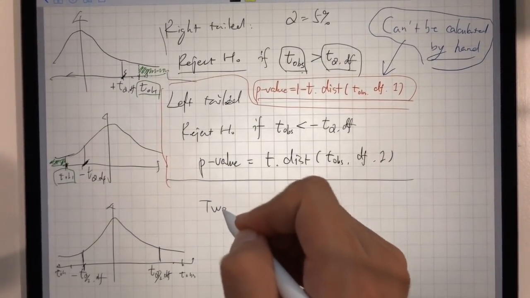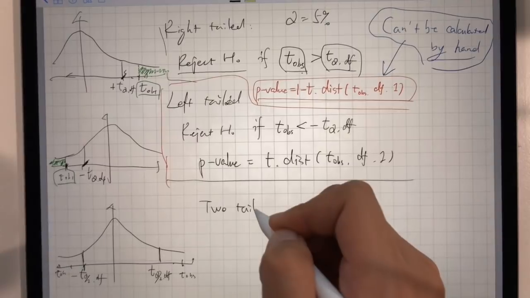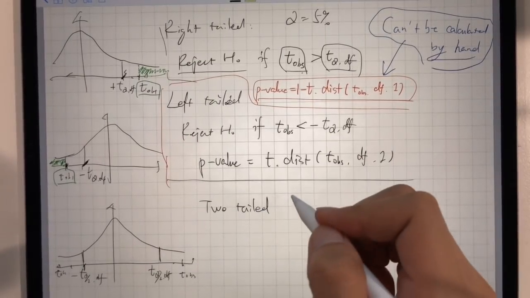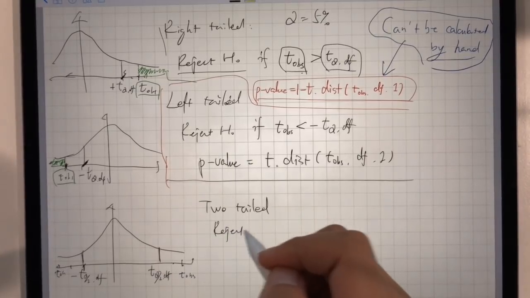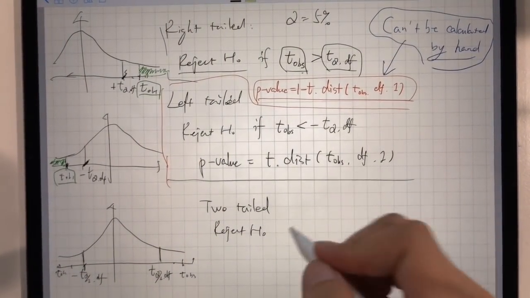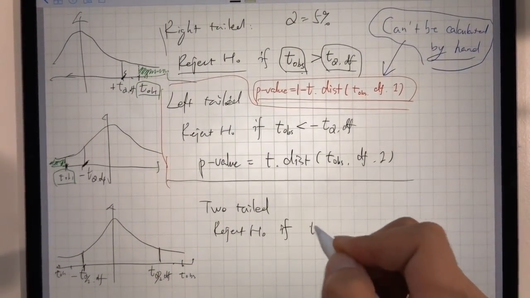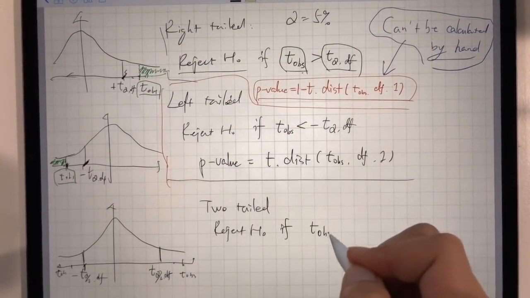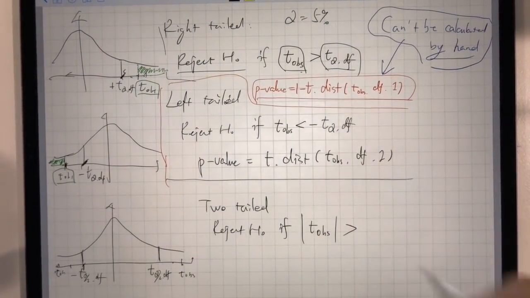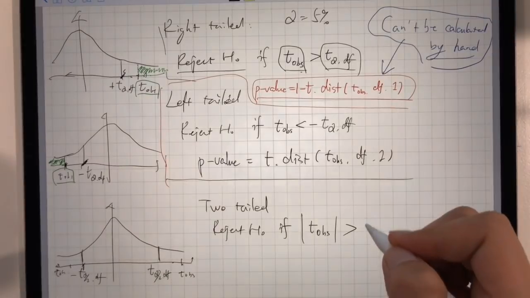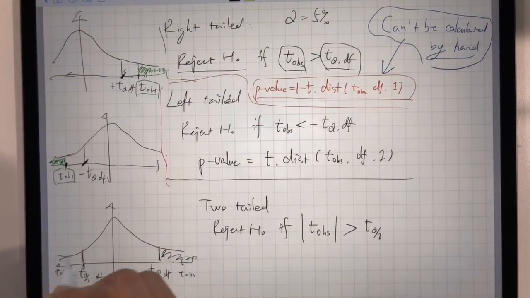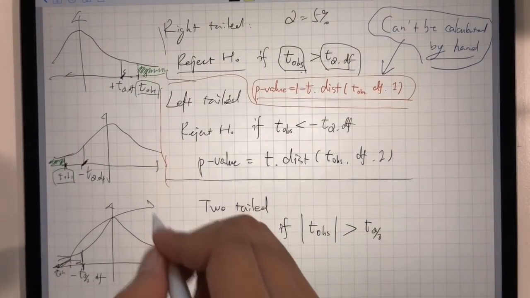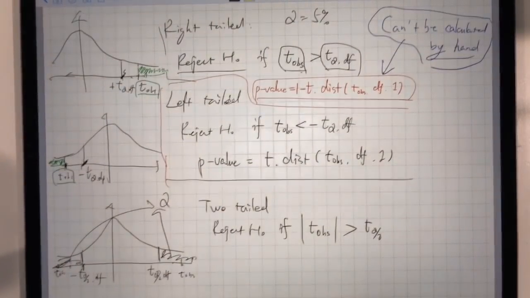So if it is a two-tailed test, then you will reject the null hypothesis if what? If the absolute value of your observed value is greater than what? The t of half alpha, because those two parts add together to be alpha, right?